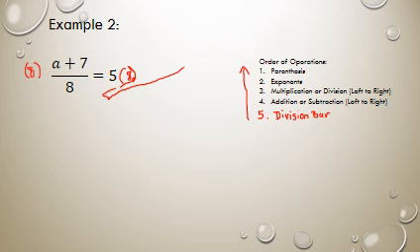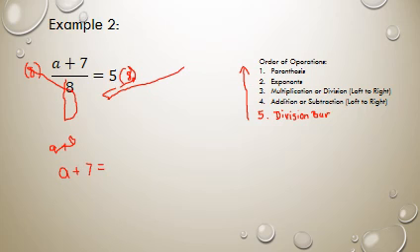So these are going to cancel out right here, and it gives us 1. And then that leaves us with a plus 7. Sorry, I'm having such difficulty with my pen right now. Okay, let me rewrite that. That gives us a plus 7.